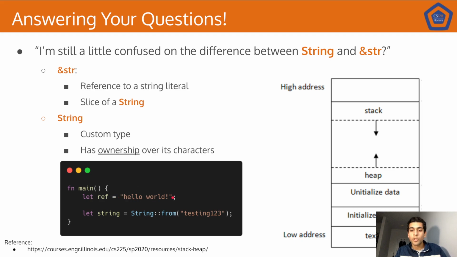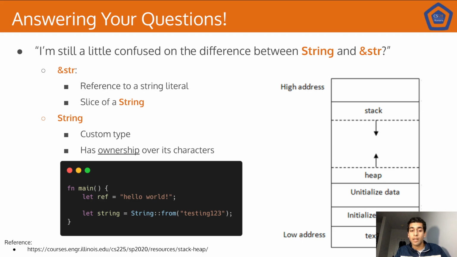So when your program starts up, it's assigned this sort of piece of memory inside your RAM. And so that piece of memory is partitioned into a bunch of different parts. You'll learn more about this in CS225, CS233, and those future classes. But anyways, this string literal is built into your program code. And so your string literal will be stored inside this initialized data section. And so ref is actually a reference to that piece of data inside the initialized data.